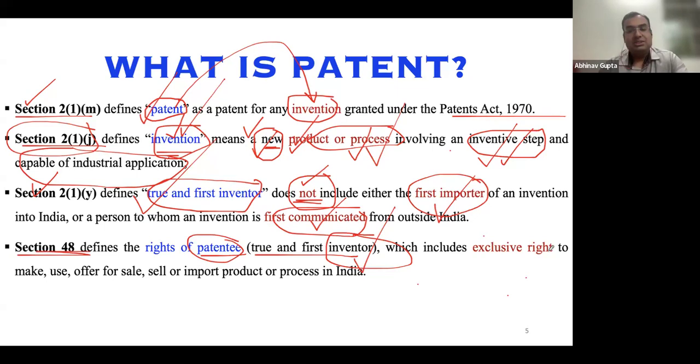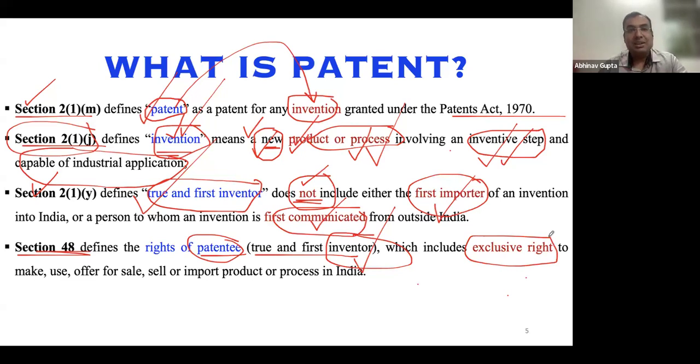The rights of the inventor include the exclusive right, meaning nobody else but the patentee, and the patentee is usually the inventor. Why am I saying the patentee is usually the inventor? For example, I am a scientist and I work in a government institution.